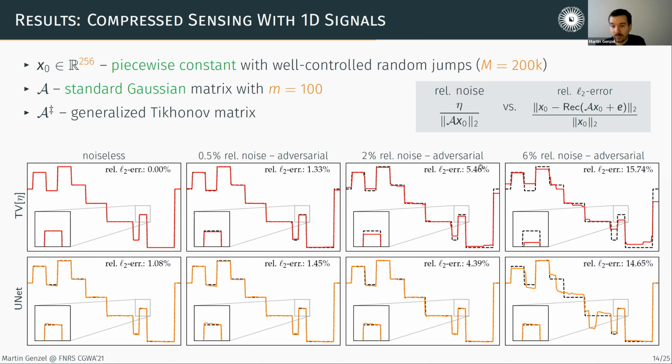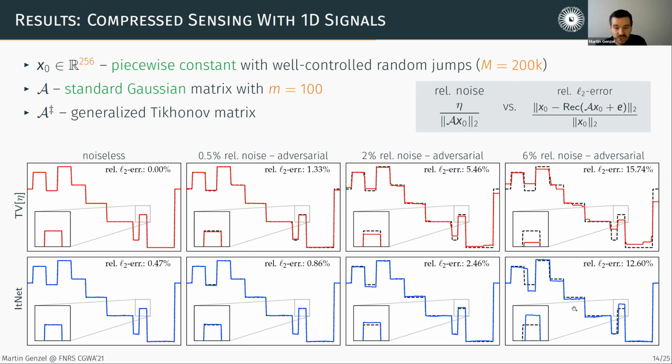It is comparable to the one of TV minimization, even a bit smaller, and also qualitatively the reconstructions or the perturbations really look very similar. And it only becomes better if you apply this to the more powerful networks like the fully learned one, which you see here, or even the iterative neural network, which typically gives you the best results.